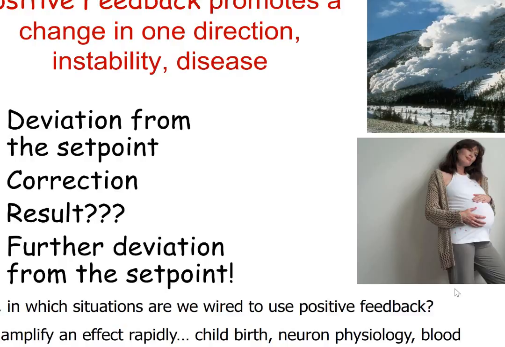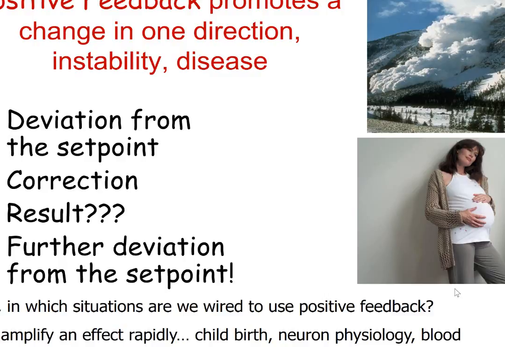And as that fetus gets bigger and bigger, it pushes on the cervix. Well, the cervix will send signals up to the brain, most notably the hypothalamus. And the hypothalamus, as the cervix is being pushed on by the fetus's head, will release oxytocin.